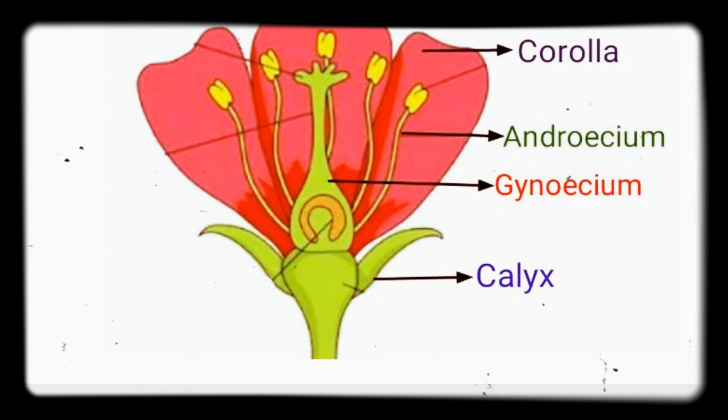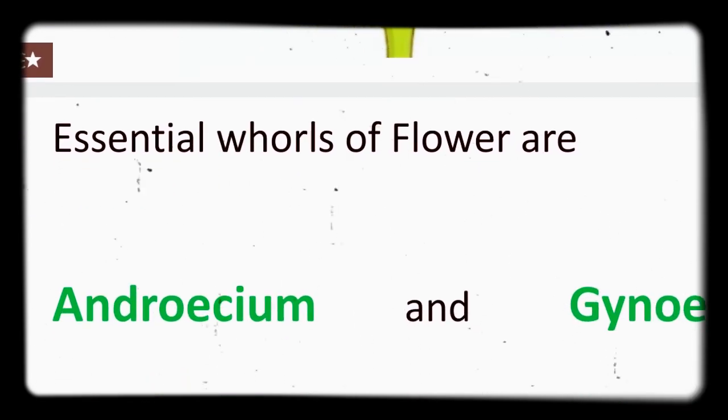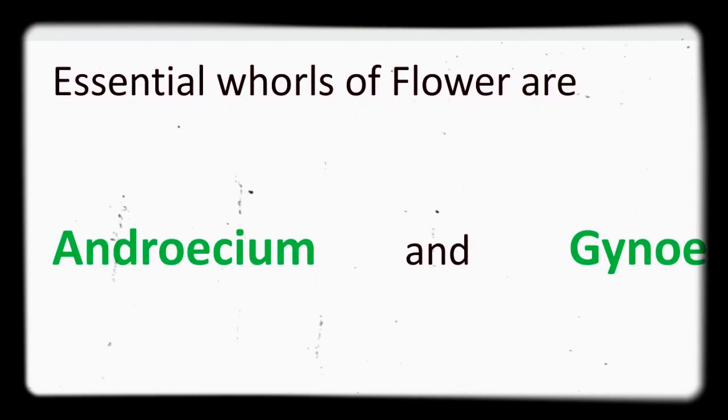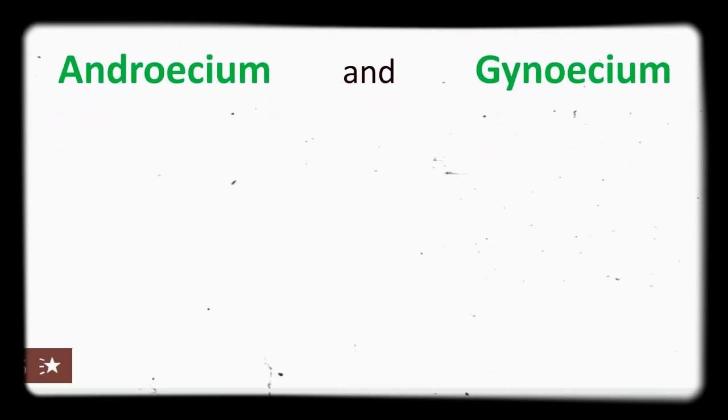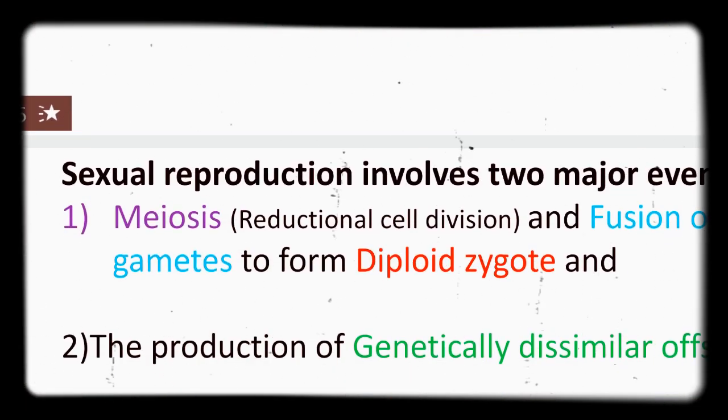Its single unit is called carpel, and one carpel is made up of 3 parts: stigma, style and ovary, which I'll explain later in the next lecture. The essential whorls of the flower are always androecium and gynoecium. That's why they are also called reproductive whorls.